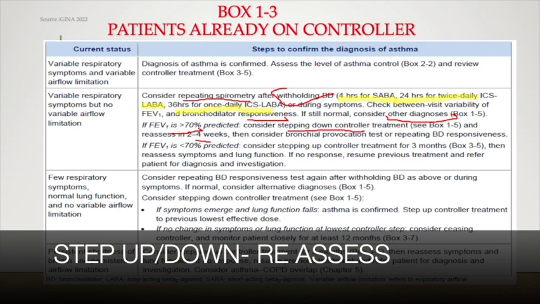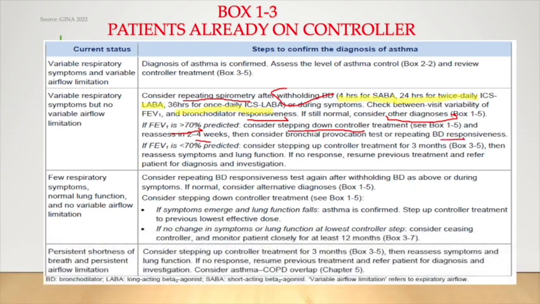They also mention considering a bronchial provocation test or repeating bronchodilator responsiveness to confirm your diagnosis in these patients. If, however, the patient has a reduced FEV1 on your testing, then step up his controllers.